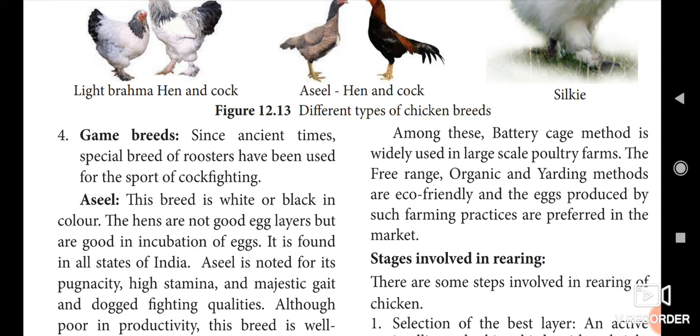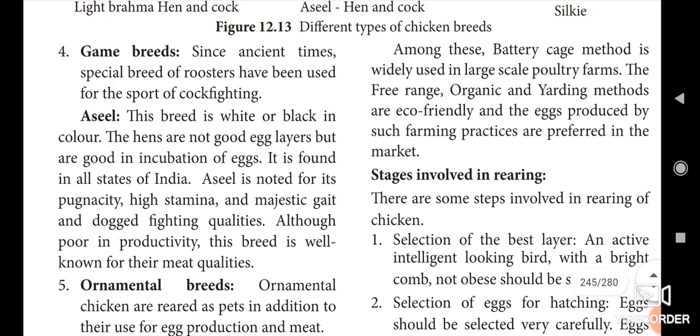Since ancient times, special breeds of roosters have been used for the sport of cock fighting. Here Aseel, this breed is white or black in color. The hens are not good egg layers but are good at incubation of eggs. They will incubate the eggs.